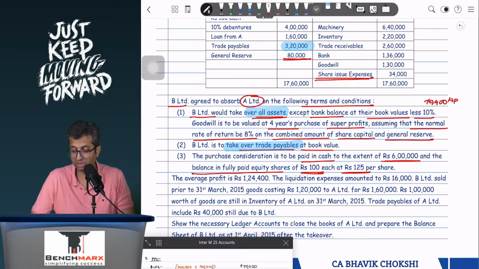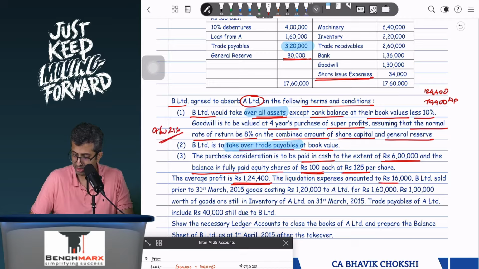How many shares? Maybe that is based on net assets. The average profit is 124,400. So normal profit was 70,400, but the average profit is 124,400. 124,400 minus 70,400, super profit may be 54,000 and 54,000 into 4. Can I say goodwill will be approximately 2,16,000?